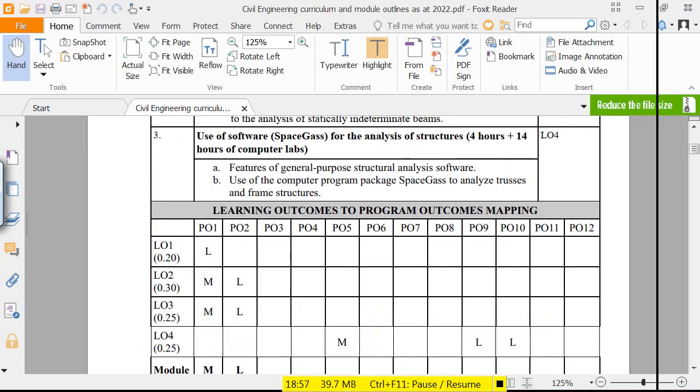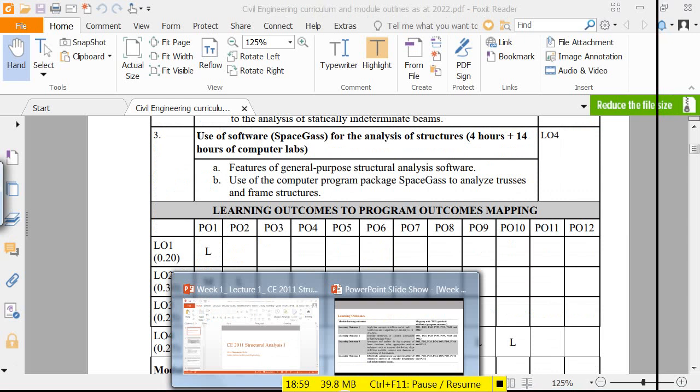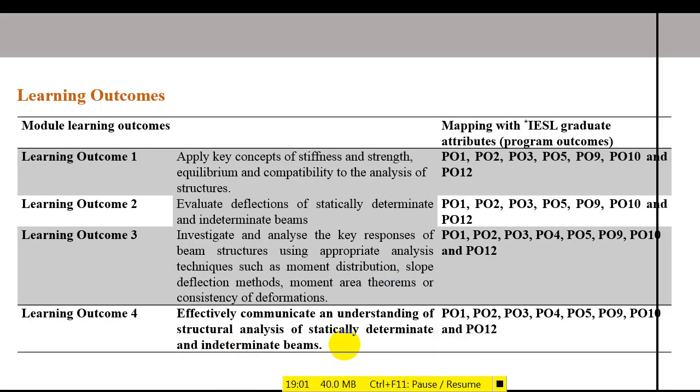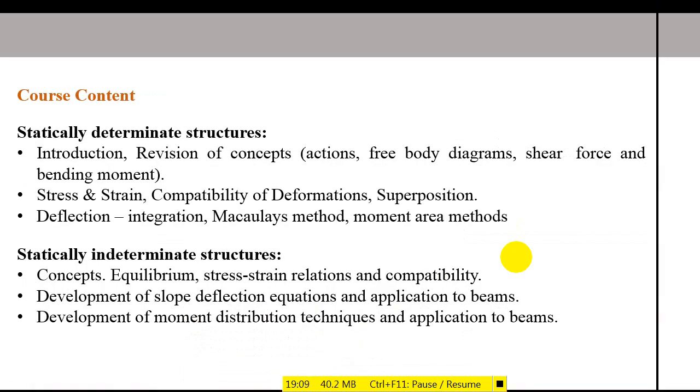So that basically summarizes this learning outcomes, and the course itself has two components: statically indeterminate structures.